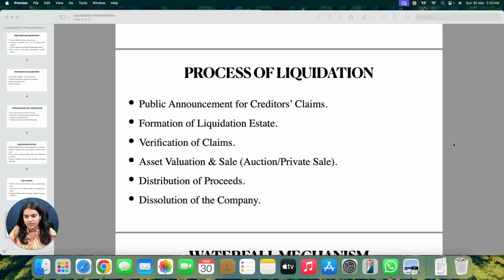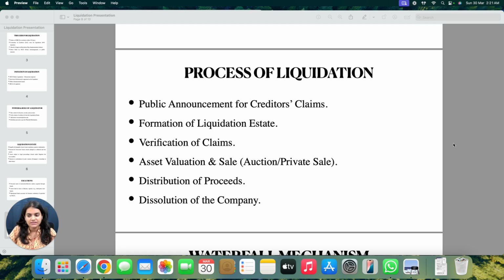Once the claims are called for and received, the liquidator then forms a liquidation estate. So liquidation estate, as we have discussed, contains all of the assets of the corporate debtor.